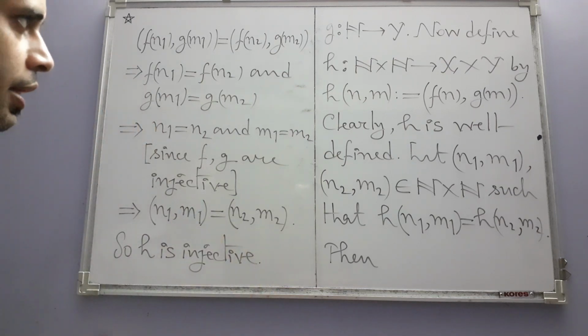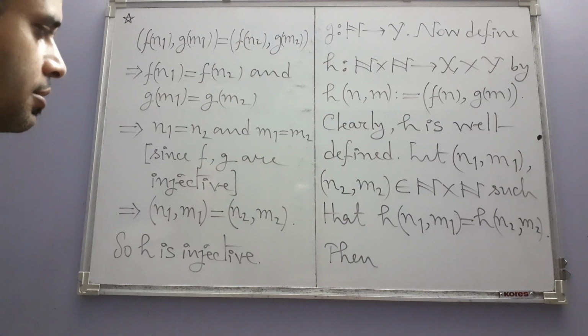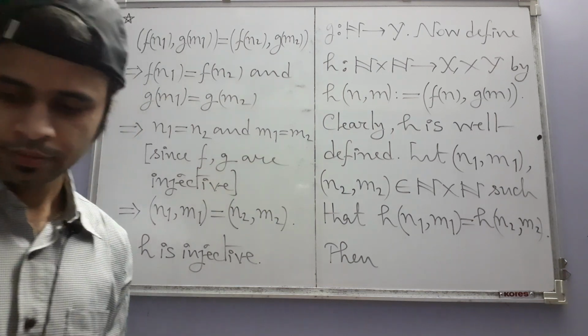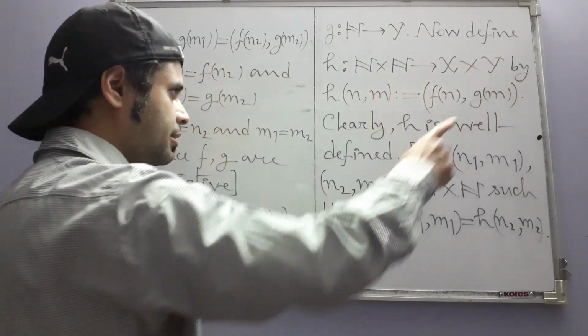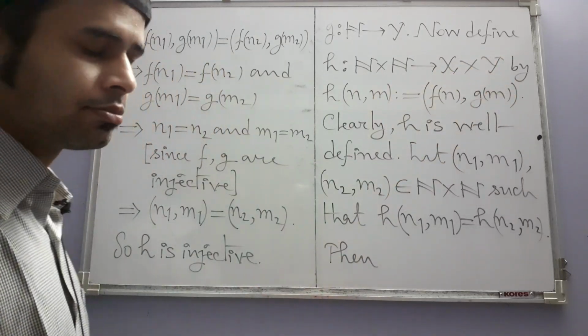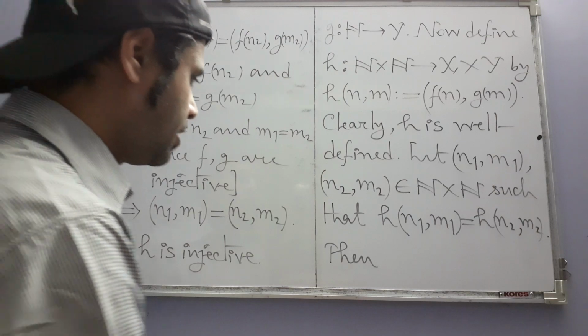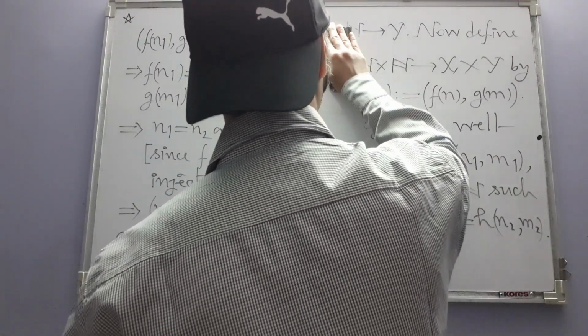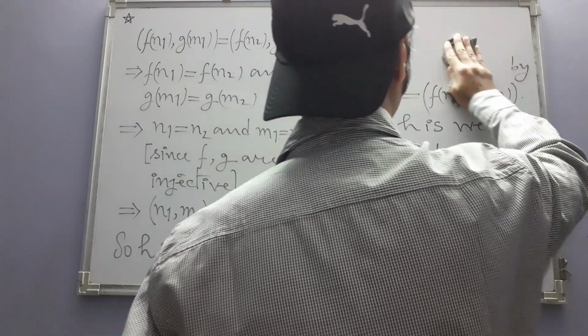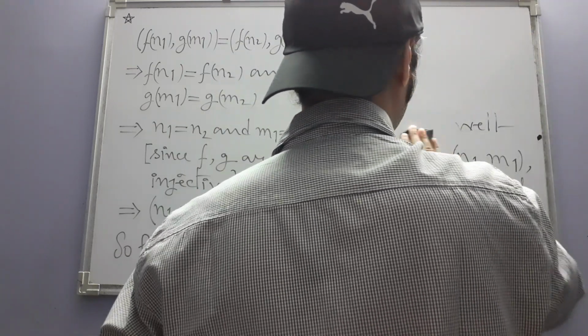Next we want to prove that H is surjective. So for that we are going to choose an element here and show that it is an output for some input. I think you can almost see how we are going to proceed because of the straightforwardness of the situation.